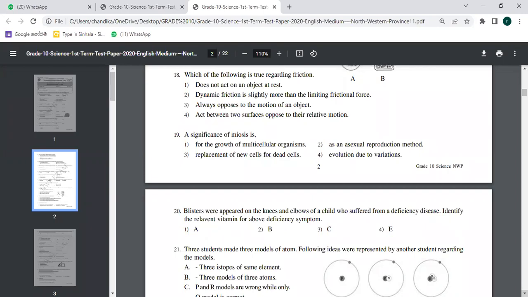Last one, acts between two surfaces opposed to their relative motion. So if you have good knowledge about this, what can you say about this question?